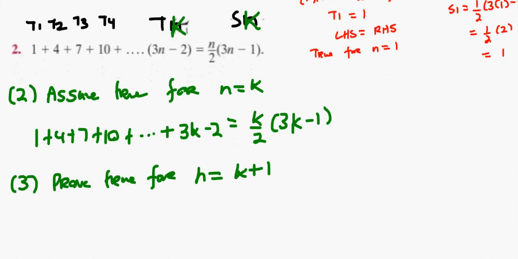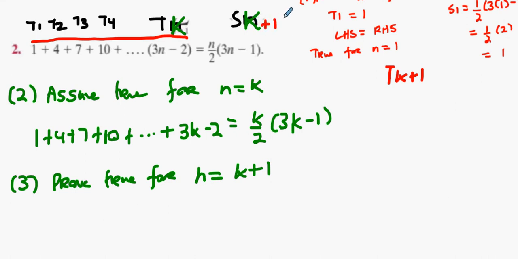You originally went all the way up to Tk, didn't you? Tk was your last term, wasn't it? You went T1, T2, T3, T4, Tk. Now you're going higher again, aren't you? So what do I have to include this time? I have to include Tk plus 1. And this is no longer Sk. What is it now?